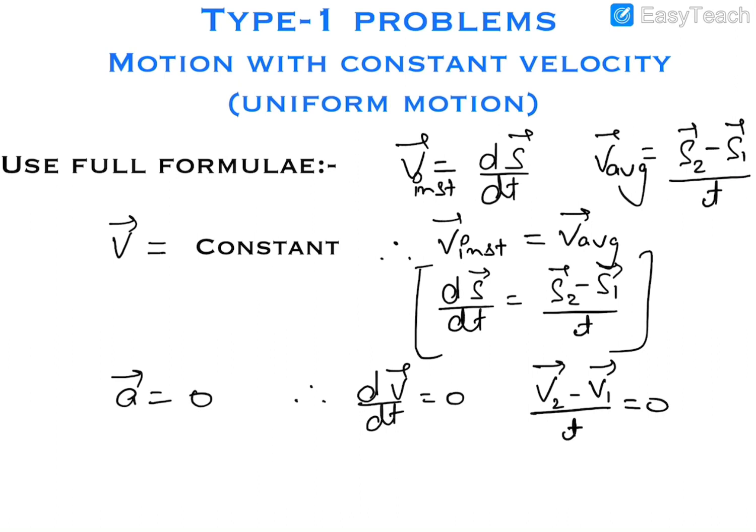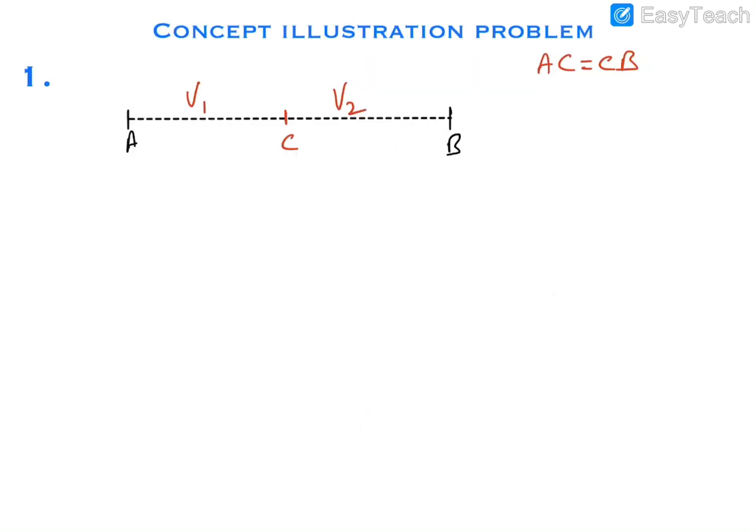Now these are very simple concepts which we have already discussed in a previous video, and now we are starting with type 1 of problem, and this is the first concept illustration problem. I have started a new technique of using numericals to understand the topic, and I have named that technique concept illustration problem.